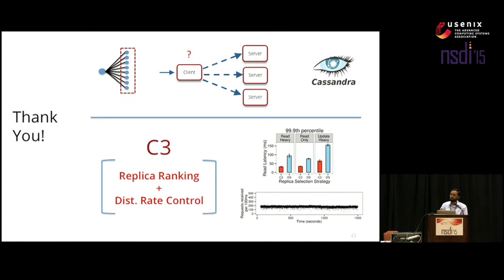We've conducted experiments where we inject some latency into the network stack, and we find that the rate control is what actually picks it up and backs off. We've also conducted simulations where we do not do anything intelligent with replica ranking and only have rate control. In that case, of course, your latency is not as good as it should be. So we really do need the combination of the two techniques to achieve the performance benefits that we do.